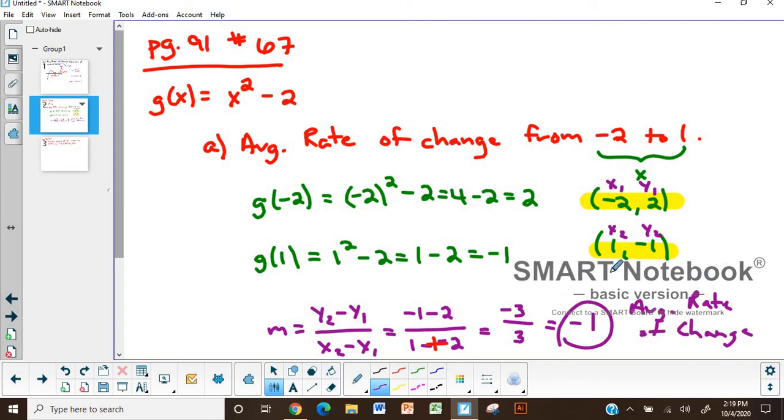Okay, and what we'll do is we will use those 2 points and our slope, or the average rate of change that we just found, to find the equation of the secant line containing these 2 points. Okay?